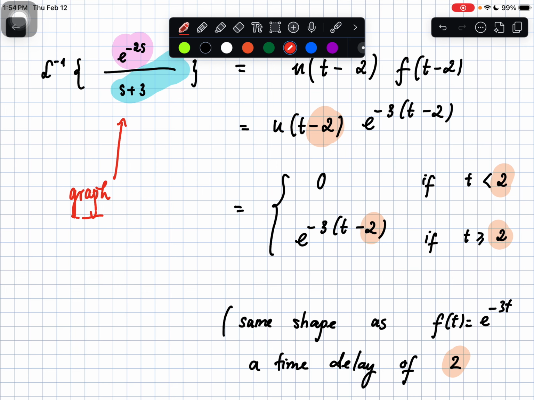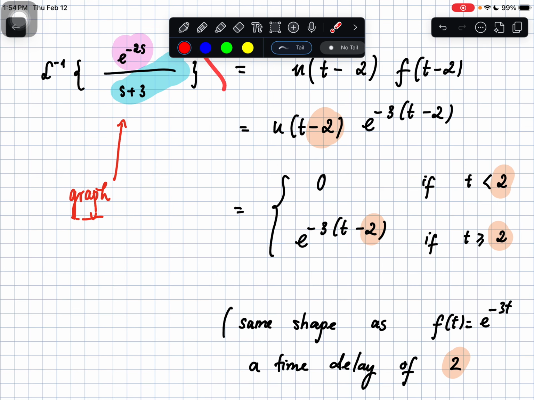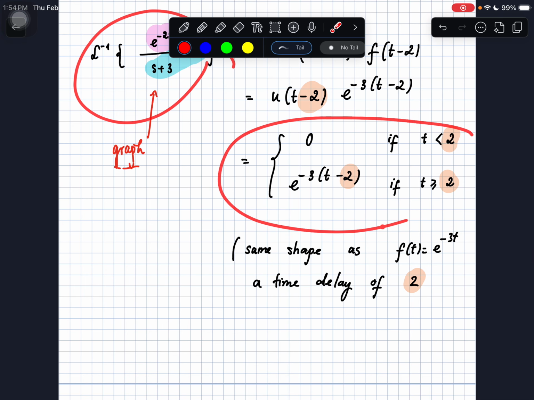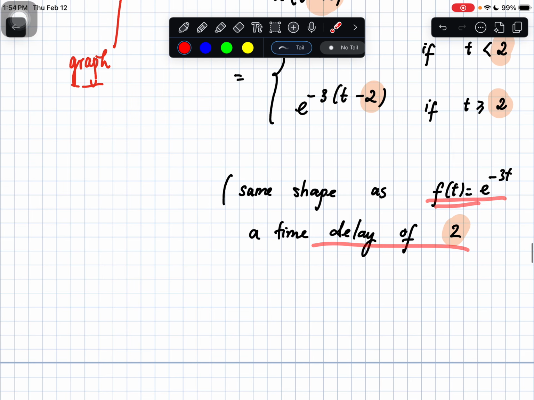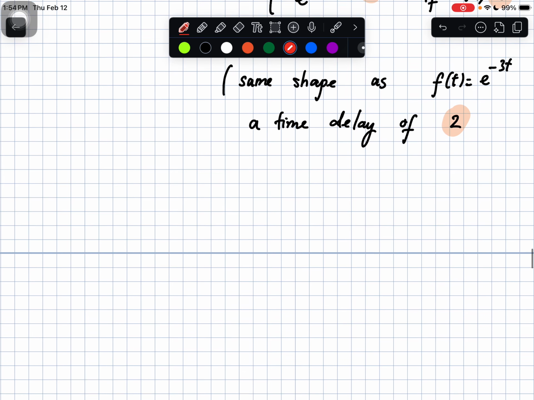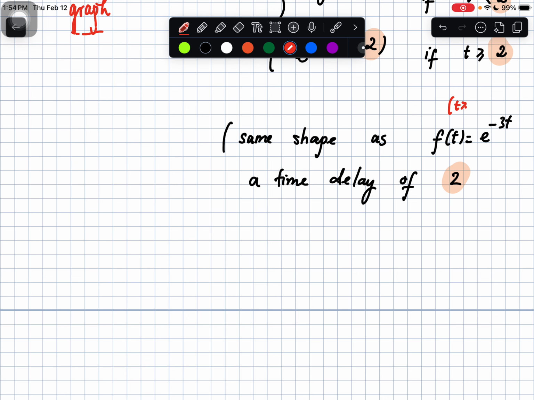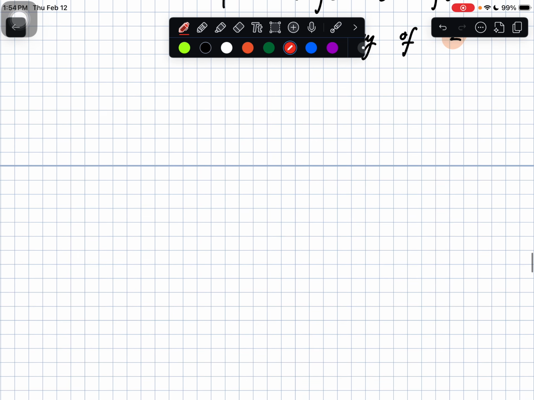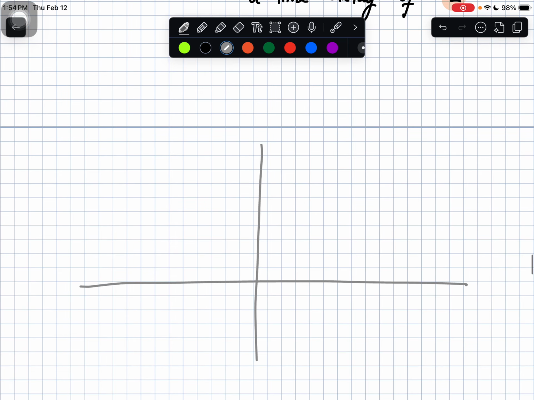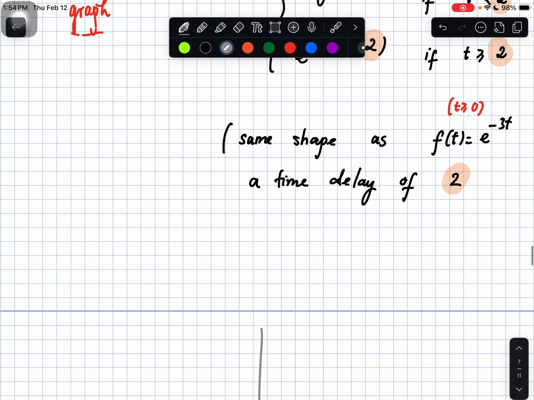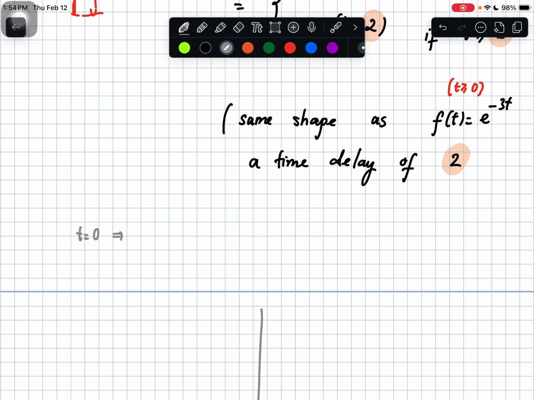Let's graph it. We graph the inverse transform of this one, which means we need to graph this function, and we know that it has the same shape as f(t) with the time delay 2. So f(t) is e to the minus 3t, and for f(t) we always consider times at least 0. When t is equal to 0, f(0) is e to the power 0, which is 1.